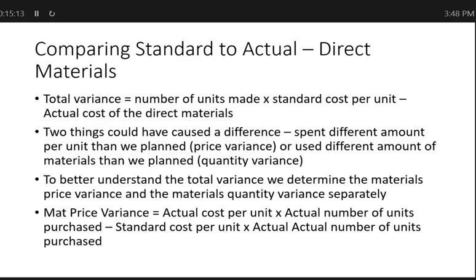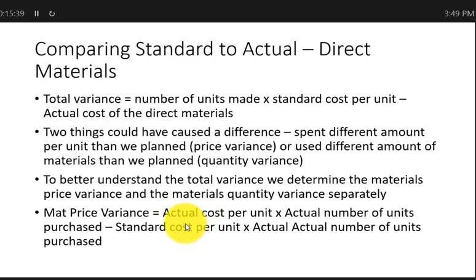What did we plan on spending on chocolate chips per pound, times the actual? Notice that this actual number of units purchased is the same in both of these. So the only difference between this multiplication result and this multiplication result is the standard versus the actual.